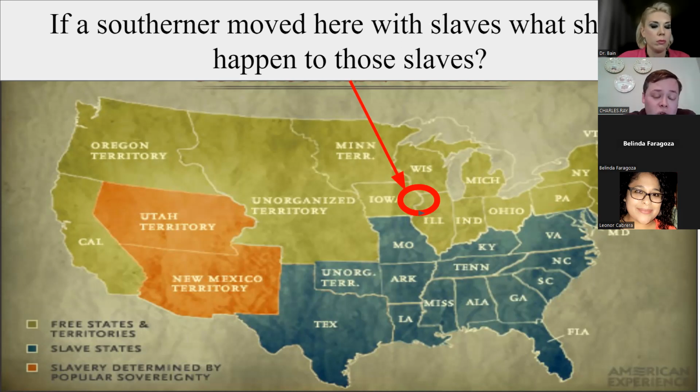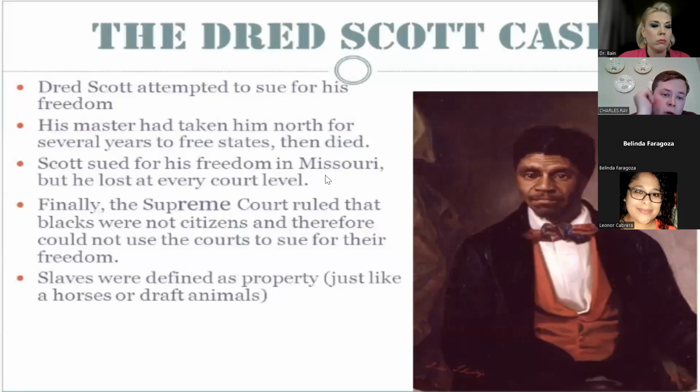And it creates a huge problem because the Supreme Court rules he doesn't even have the right to sue. He's not a citizen. He's property, just like a horse would be, unfortunately. So when he sues for his freedom, the Supreme Court says, no, you are property just like a horse or a draft animal. And also that the U.S. government has no right to make rules regarding that.